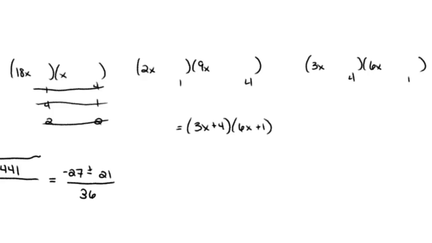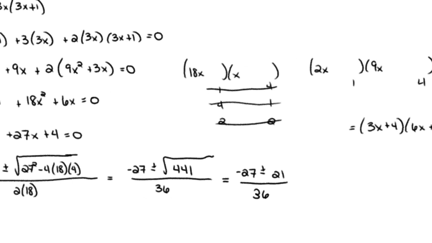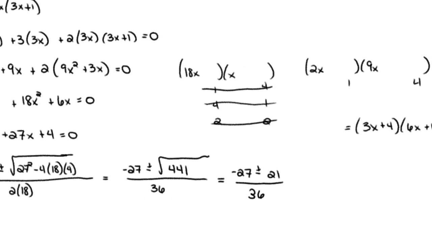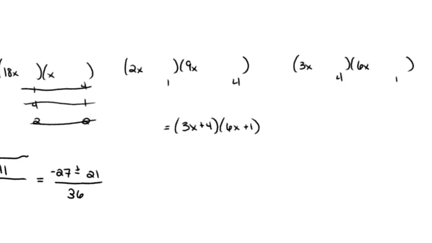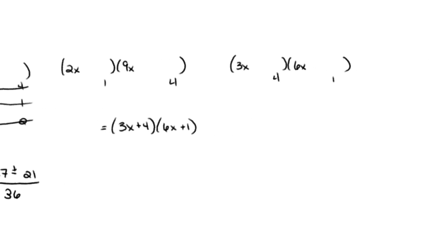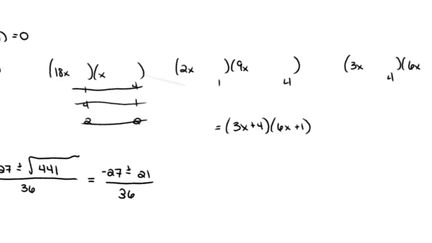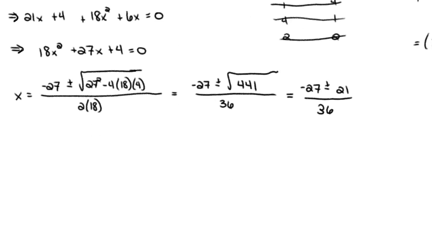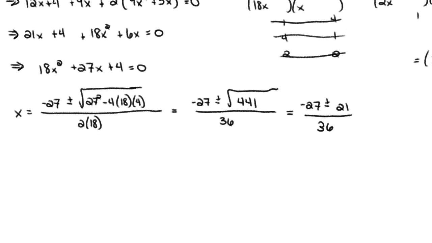So that's what this factors to, even though the quadratic formula would have gotten us the right answer. But notice if I had spent a few more seconds testing out these values, I would have found out that it does factor: 3x plus 4 and a 6x plus 1. And so rather than doing this quadratic formula, which will reduce down, I could have said 3x plus 4 times 6x plus 1 is equal to 0.